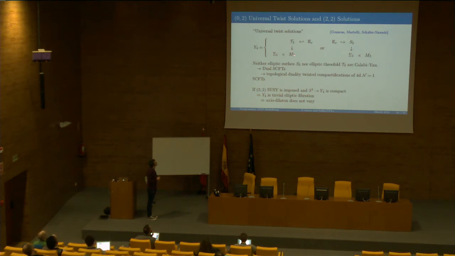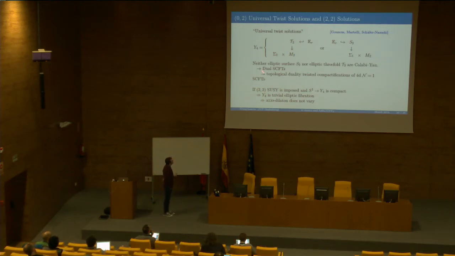So either you consider a product of a curve and a surface for the base, and you assume that the elliptic fibration either localizes over the 4-manifold or over the curve. So you end up with either an elliptic surface, that's this S2, as part of the Y4, or you end up with an elliptic threefold. That is, it's a product of a non-trivial curve with an elliptic threefold, or of a 4-manifold with an elliptic surface. Notice that none of these factors are required to be Ricci flat to preserve supersymmetry.